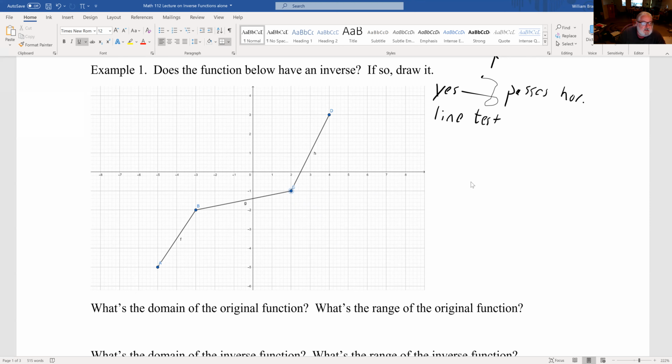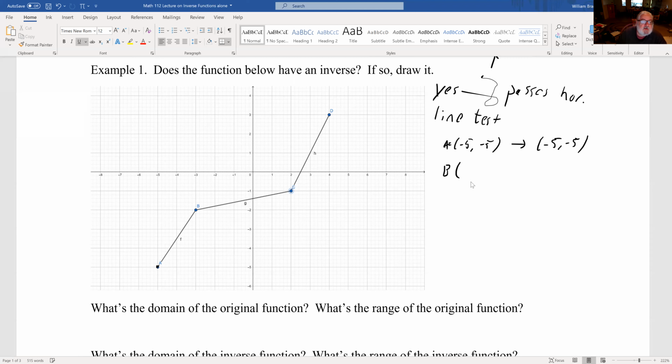The point A here is at -5, -5. If we switch the x and the y, we just get -5, -5. So that point stays where it is. To get the graph of the inverse function, we just want to switch the x's and the y's.